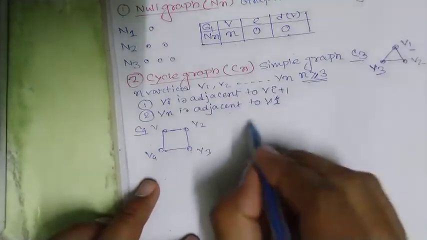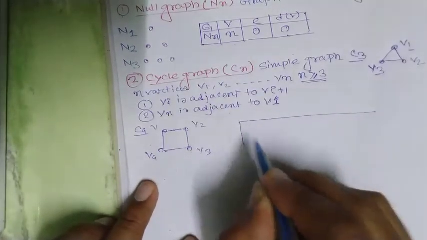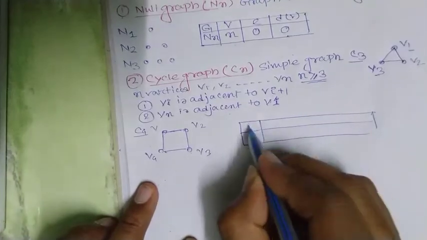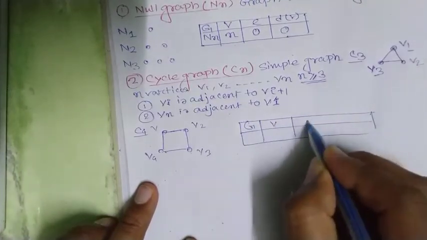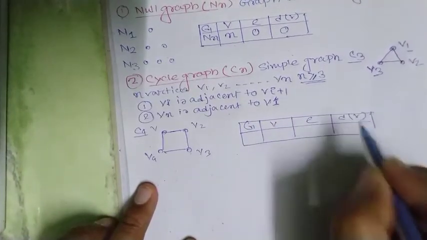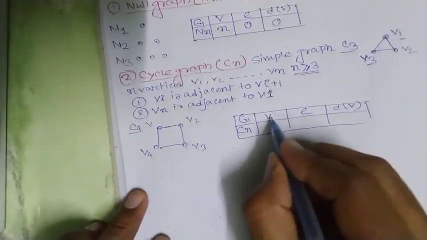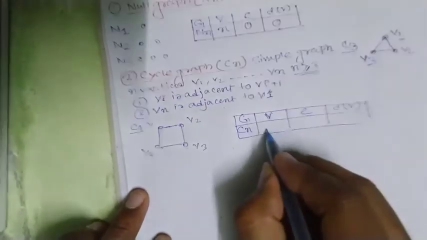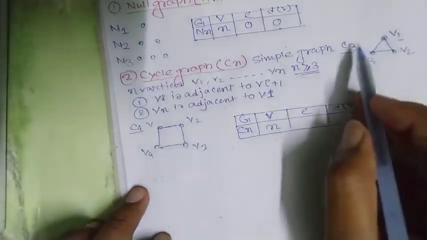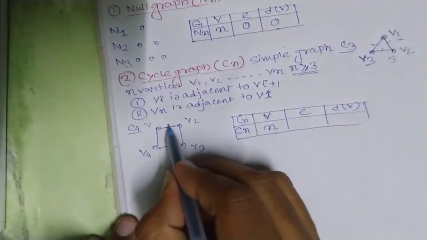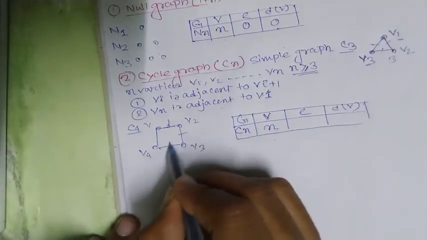So here also we can draw one table like this: graph, vertex, edge, degree of vertex. This is known as Cn, and how many vertices? n number of vertices. Now see, in C3 there are 1, 2, 3 edges, and in C4 there are 1, 2, 3, 4.